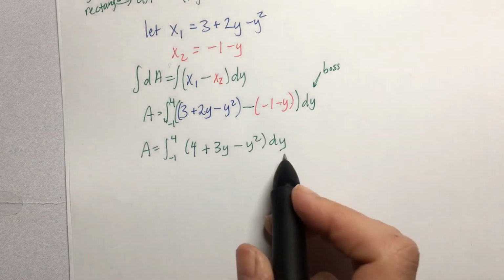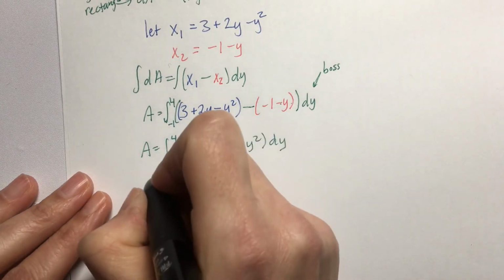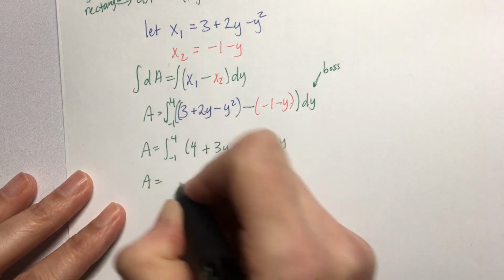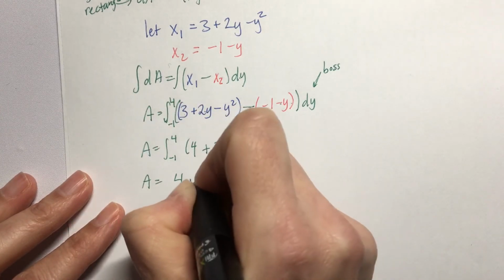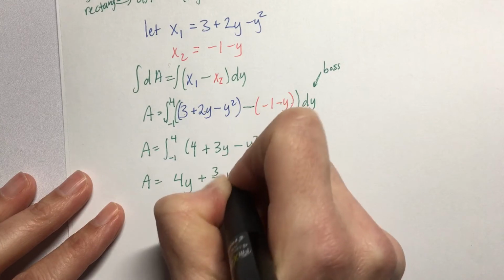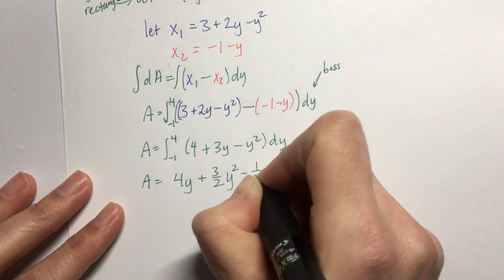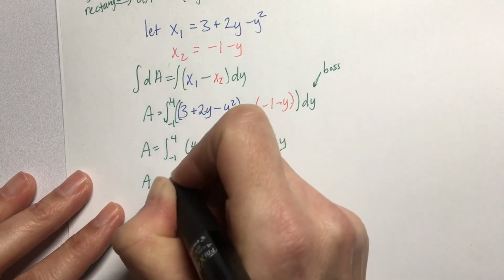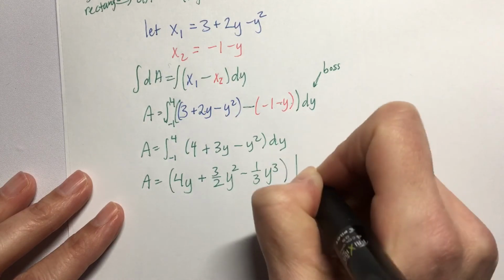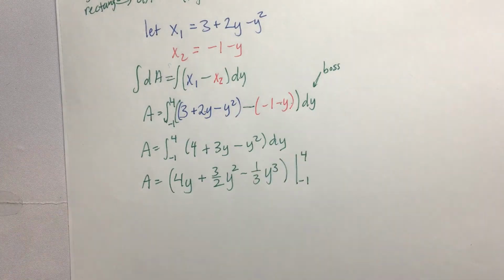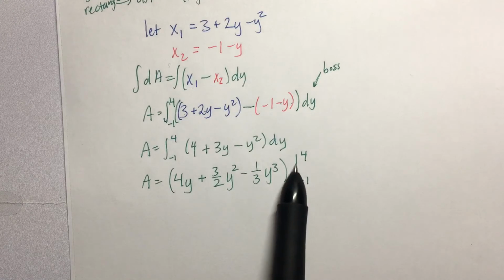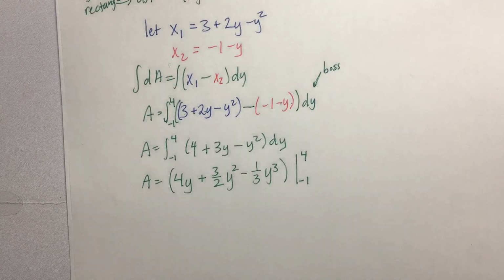Now I've set this all up, I can integrate it. So my area is 4y plus 3 halves y squared minus 1/3 y cubed from -1 to 4. Remember that proper notation with that bar and the bounds afterwards.